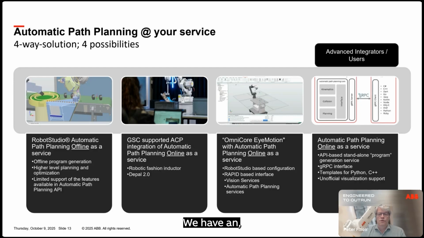We have an open solution where you can purchase our software part, and you can integrate that nicely into your application. So you can online generate a new path every time.